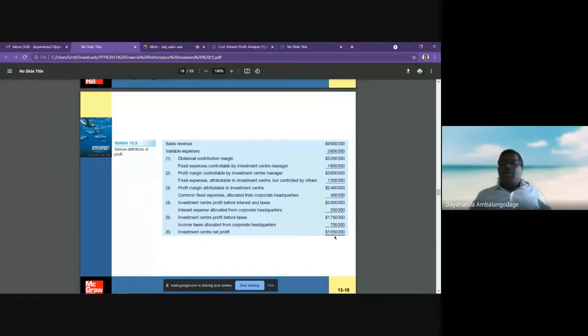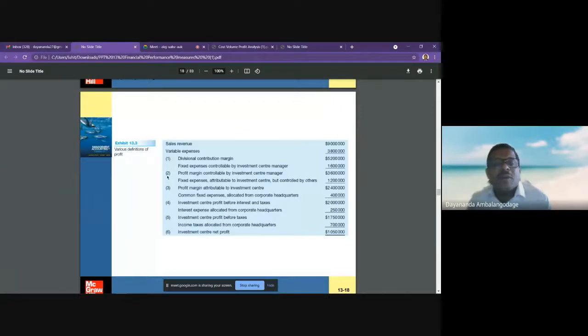Now remember, there are different profit figures. One is this profit figure, 5,200,000, which is called divisional contribution margin.